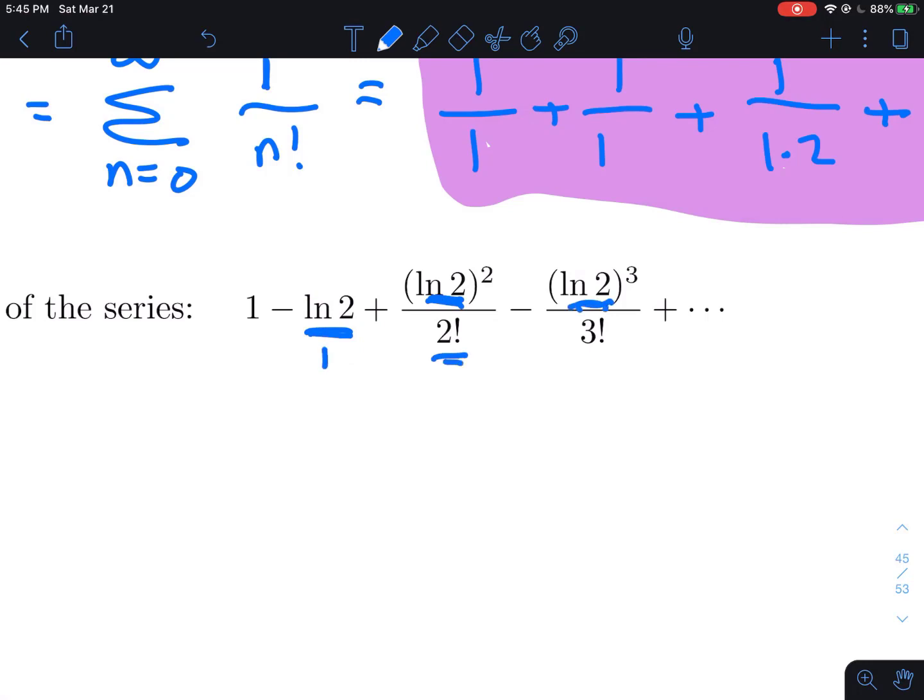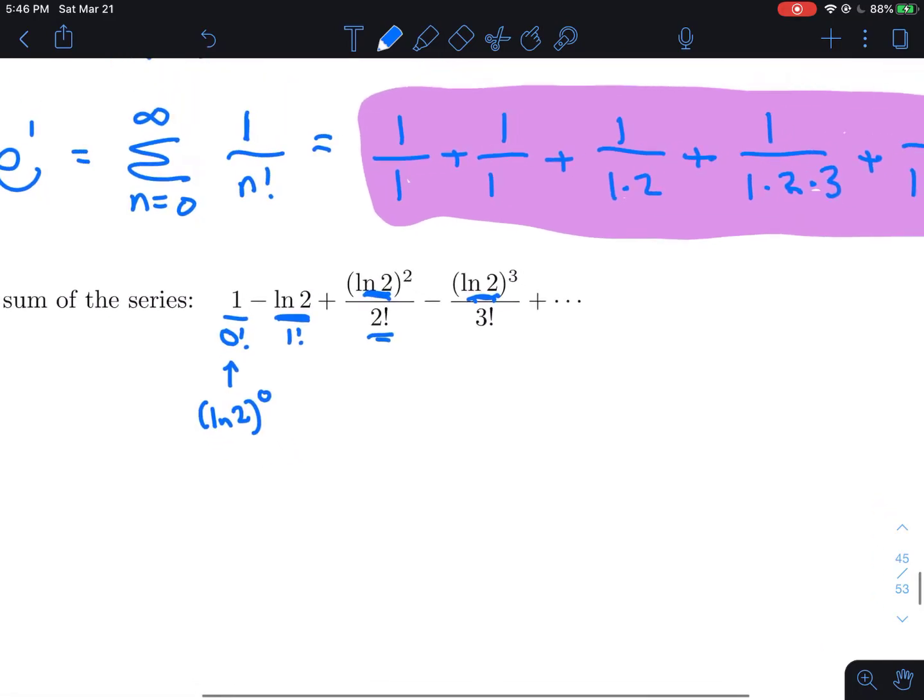So we have maybe 1 factorial here, and I guess we could write this as 0 factorial, if we want to follow a pattern. We may also notice that 1 is the same thing as the natural log of 2 raised to the 0th power, even. So it seems like we have bigger and bigger powers of the natural log of 2.